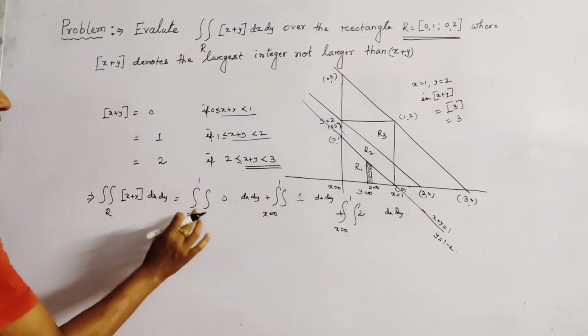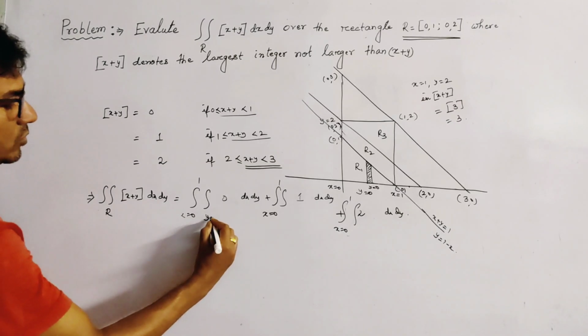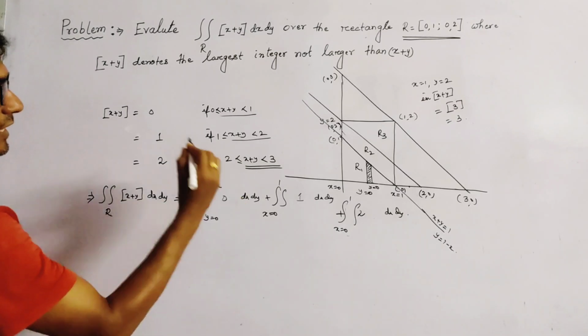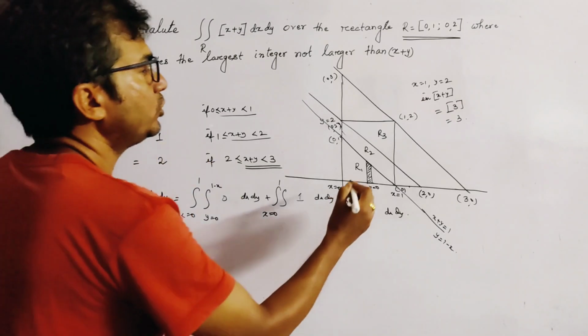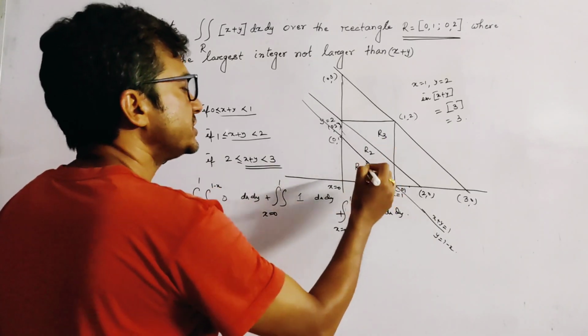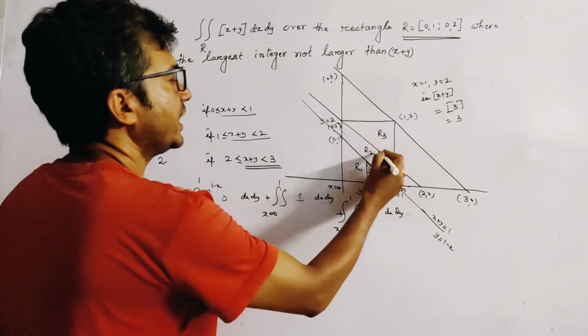So in the first integration, the range of y is 0 to 1 minus x, right?